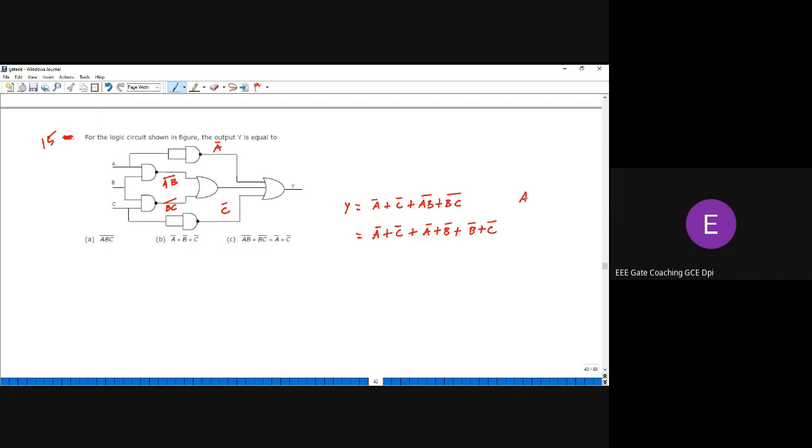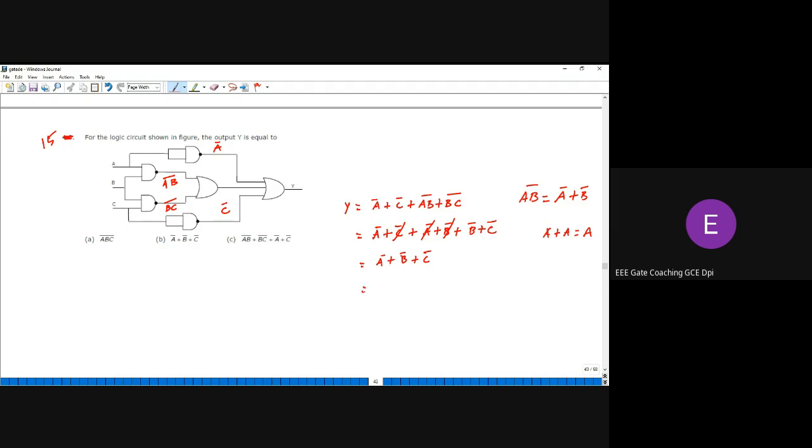Because AB the whole bar is equal to A bar plus B bar, by De Morgan's. So these two get cancelled out because A plus A is equal to A. So C bar plus C bar is C bar, A bar plus A bar is A bar, B bar plus B bar is B bar. So the result is A bar plus B bar plus C bar.